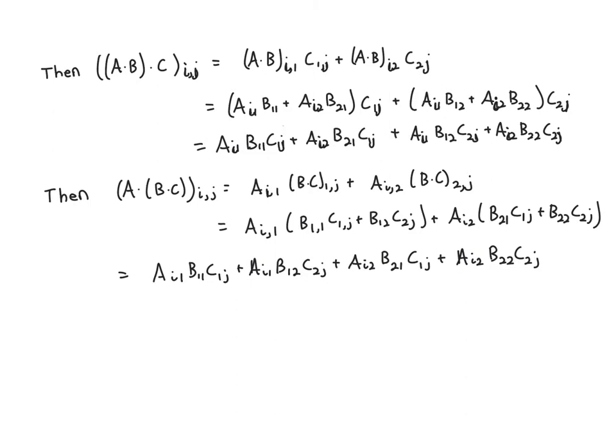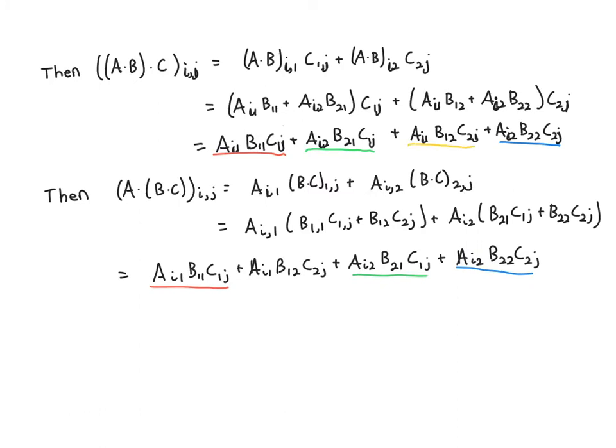Notice that there are some differences here. Namely, the middle two terms are in a different order. So we see that this first term is the same first term. The last term is the same last term. But this second term is the third term down here.